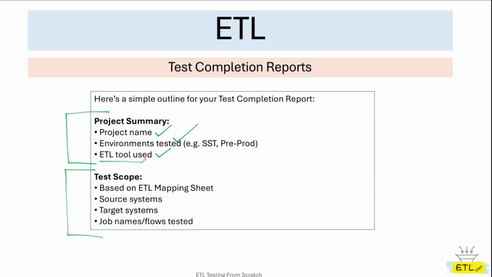Go to the channel and see the top 10 tools which manual testers or automation testers must know. The test scope is based on the ETL mapping sheet: which source systems and which target systems or entities were tested as part of the test completion, and what job names and flows were tested.